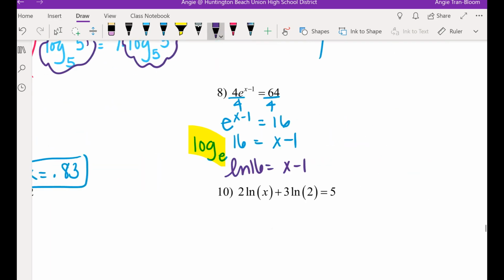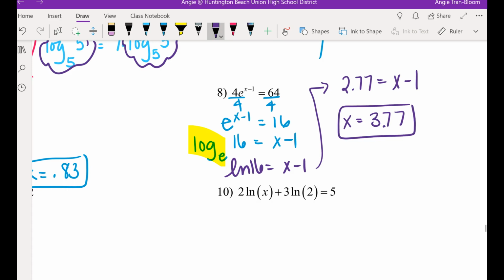All right, punch it in. ln of 16 is what, AJ? 2 decimal places. 2.77 equal to x minus 1. Last step. So, Gemma, what is x? 3.77. Thank you. Not too bad, right?